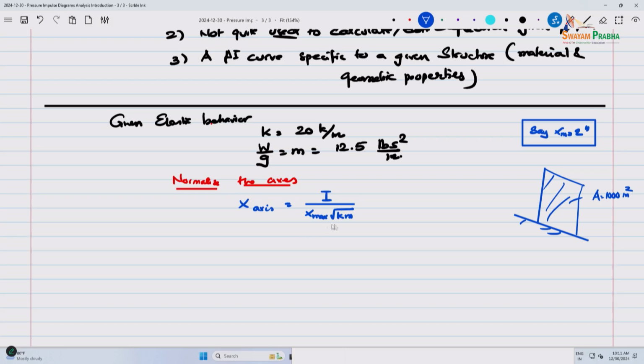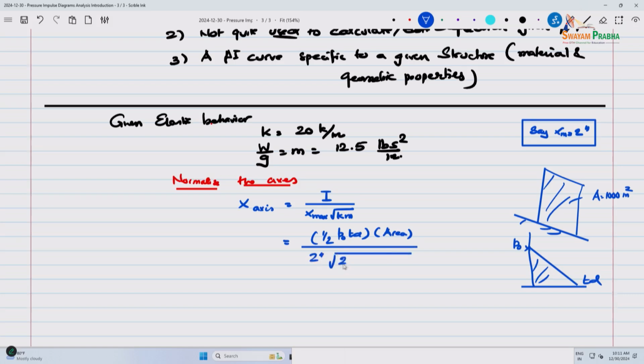So in this case, I is, and it's a blast load, so you have impulsive response or whatever response it is, P naught and TD. So it's a triangular response. So I is 1/2 P naught TD multiplied by the area, the force is there, divided by 2 inches times the square root of 20,000 psi multiplied by the mass 12.5.